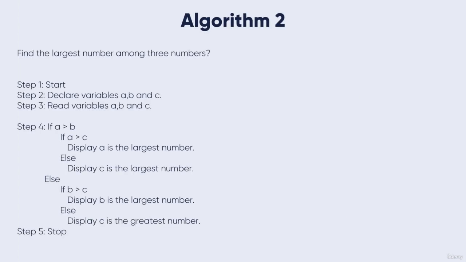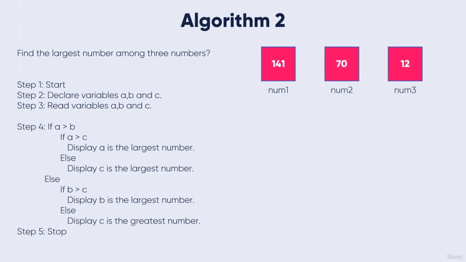Another example of algorithms: finding the largest number among three numbers. The first step in computer engineering or computer science and in programming is to start the program. Run it, and declare variables A, B, and C. So we have three variables, num1, num2, and num3.